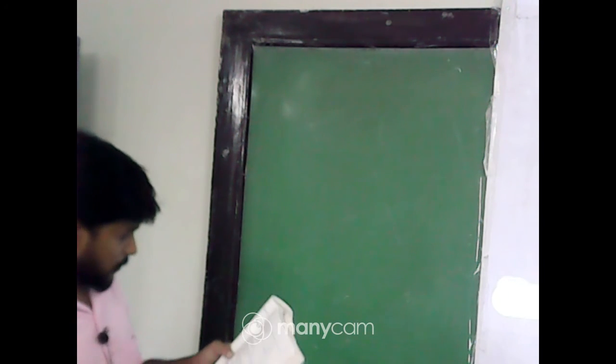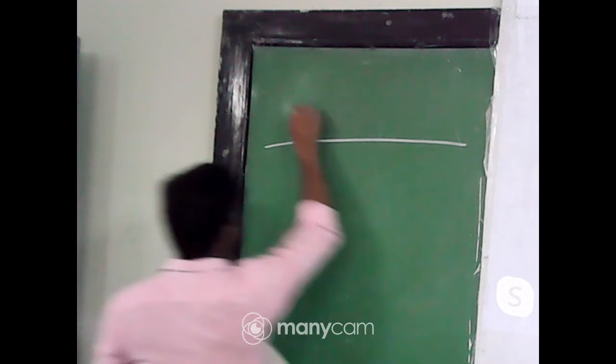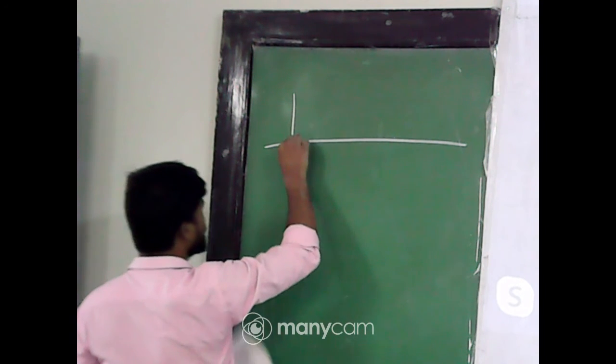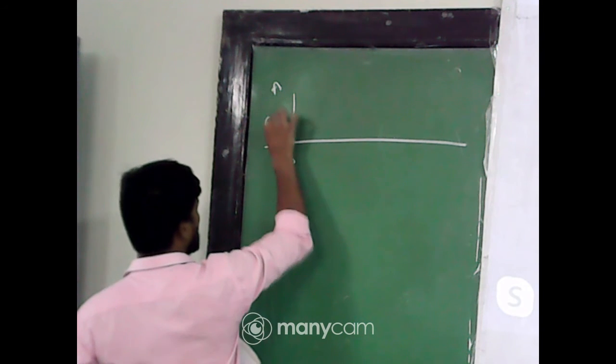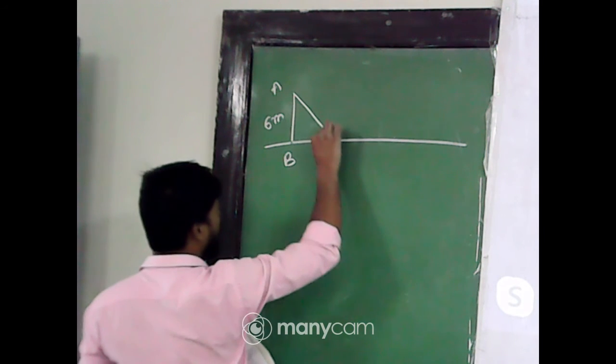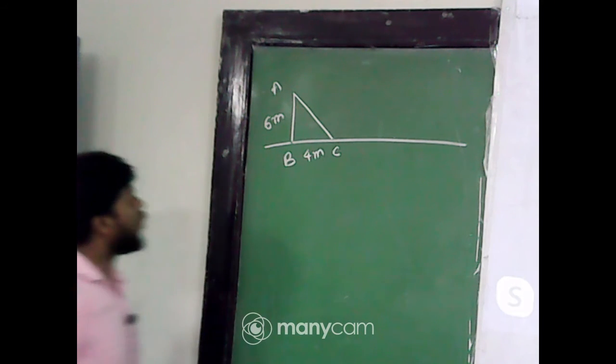Question number 15 is, just have a look, a vertical pole of length 6 meter. So there is a ground, and there is a vertical pole. Name of the vertical pole is AB, whose length is 6 meter, casting a shadow of length 4 meter. Let BC is the shadow of the pole AB.